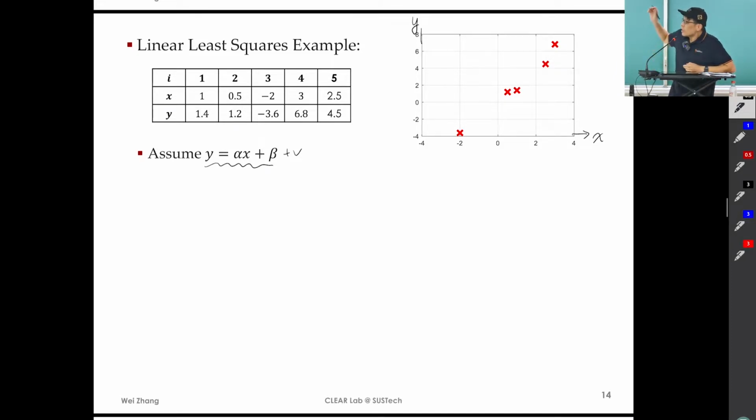Anyway, if I want you to estimate the parameter of a line, what do you think the parameter is? It's x, alpha, y, beta. There are only 4 variables here. Alpha and beta. What about x and y?